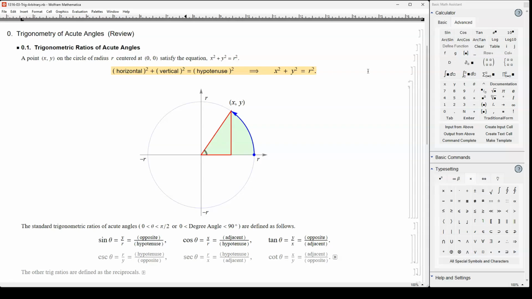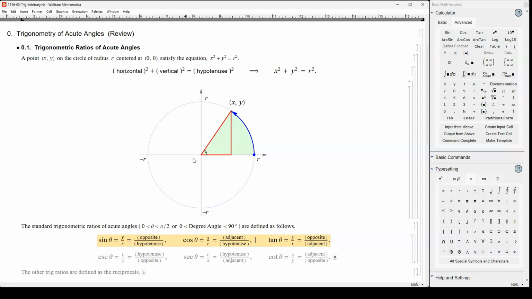And then from here, we can define trig ratios, sine, cosine, and tangent, as usual, the way you have been doing for high school geometry classes. Opposite over hypotenuse, adjacent over hypotenuse, and opposite over adjacent. These descriptions stay valid for any right triangle, no matter how it is positioned.